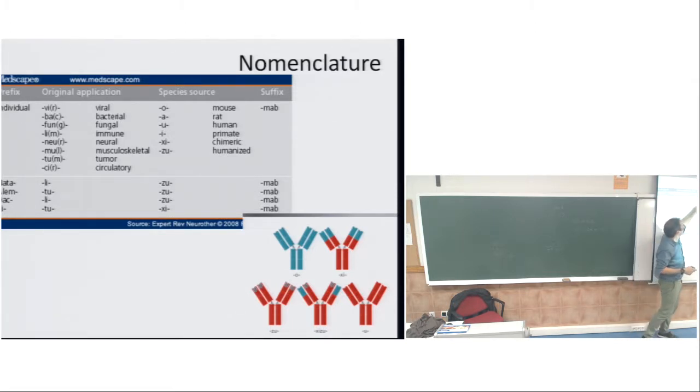If it has an O, it's because it was synthesized in mouse. If A, it's rat. U, human. If it's chimeric, it means that it has half mouse, half human, and so on. There's also a prefix indicating some characteristic of the disease or the monoclonal antibody itself.